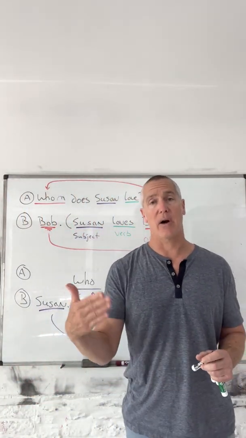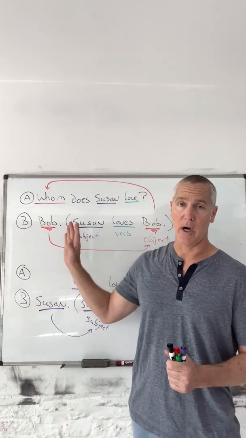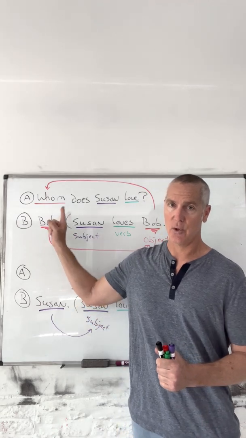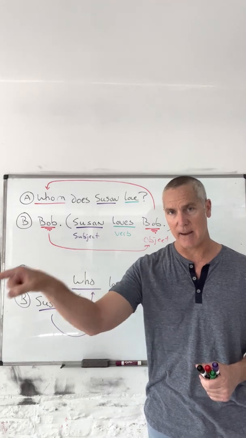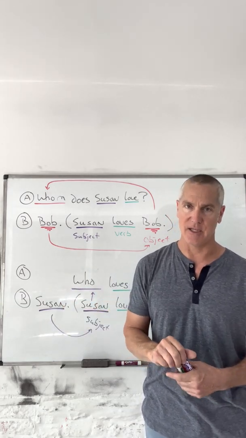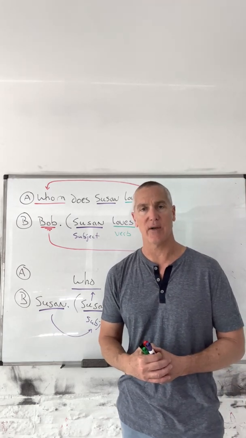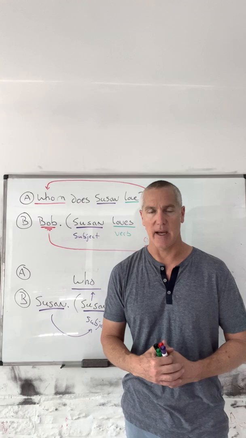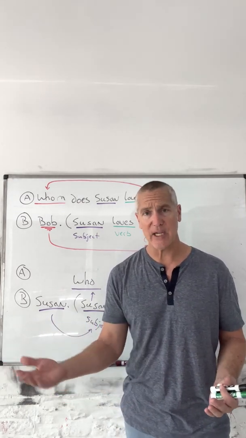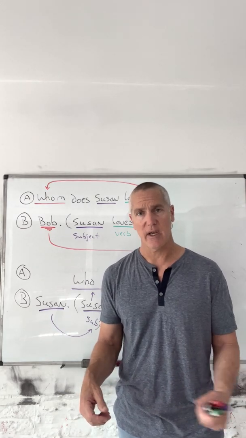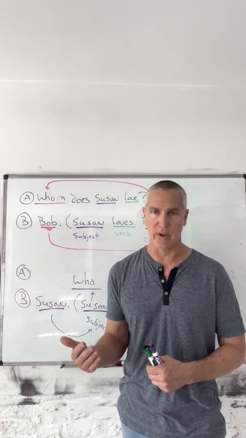Now, there are other situations when you need to use whom only, and that is basically as the object of a preposition. And we'll go over that in another video. We'll do a couple more videos on some questions, but again, this would be a very, very basic review of information questions versus yes or no questions. It's chapter 5 in the Black Book in level 3 and 4 grammar.